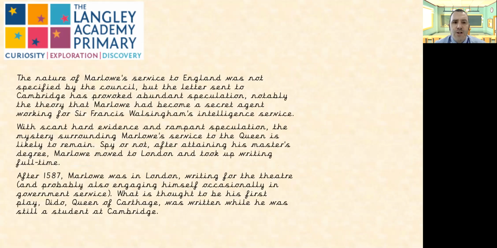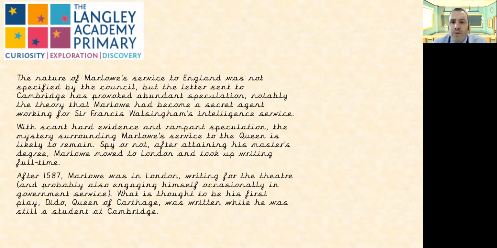Our next part: the nature of Marlowe's service to England was not specified by the council, but the letter sent to Cambridge has provoked abundant speculation, notably the theory that Marlowe had become a secret agent working for Sir Francis Walsingham's intelligence service. With scant hard evidence and rampant speculation, the mystery surrounding Marlowe's service to the Queen is likely to remain.